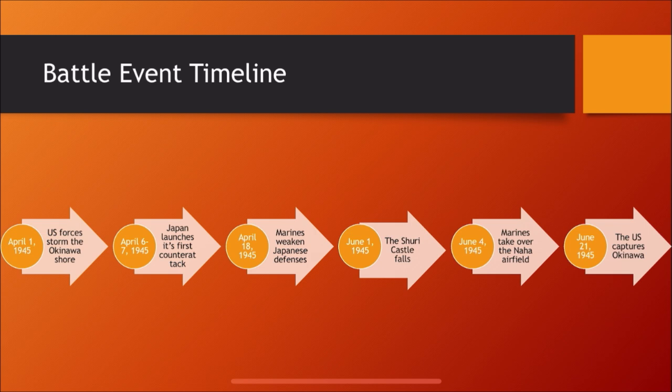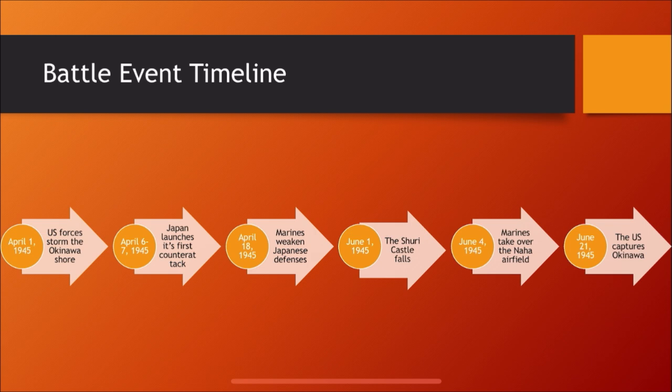On April 6th and 7th of 1945, Japan launches its first counterattack. So they used over 300 kamikaze planes, and they also made use of the battleship, the Yamato. The Yamato was sunk fairly quickly, although Japan thought they could defeat the Allies with it.